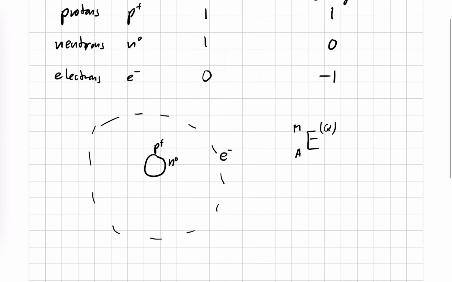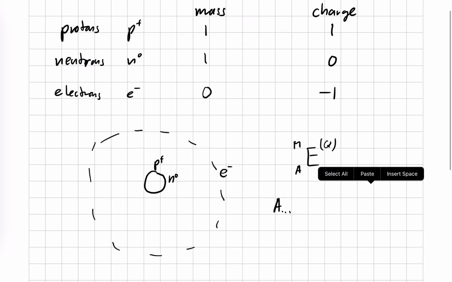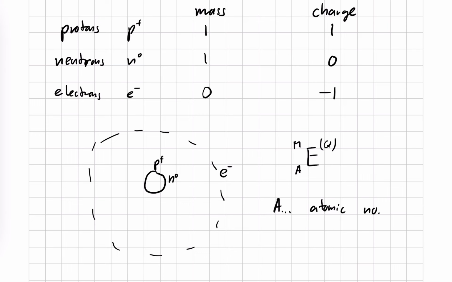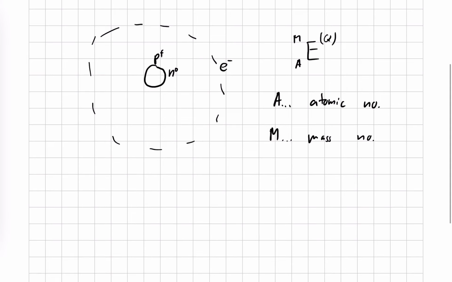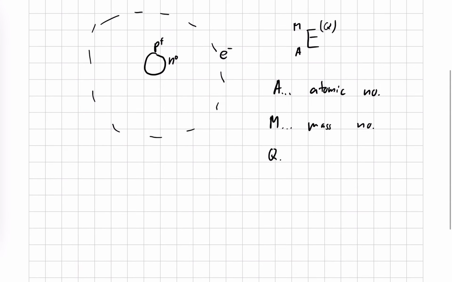Okay, let's start with A. A means the atomic number. M means mass number. And Q stands for charge.